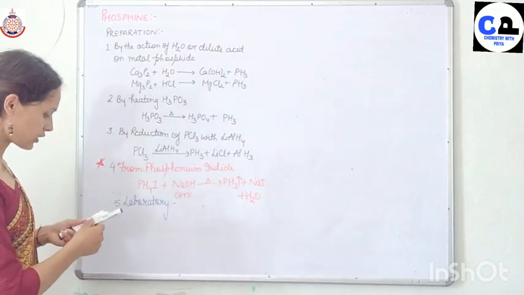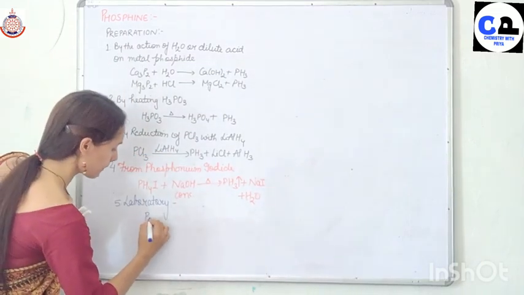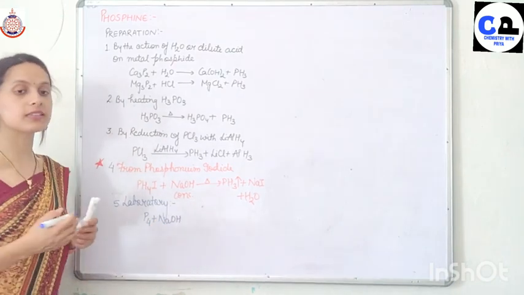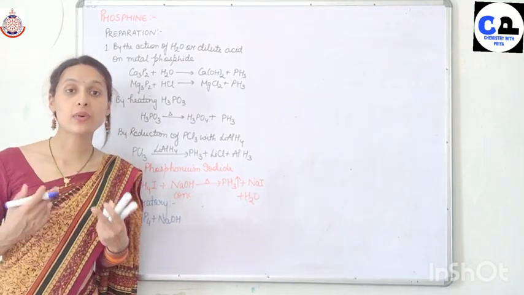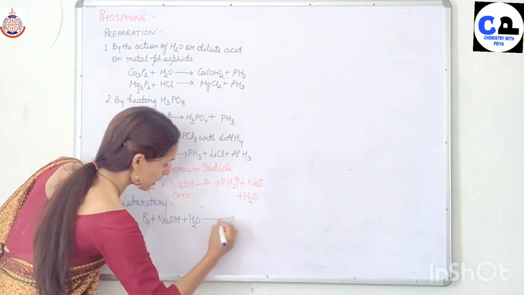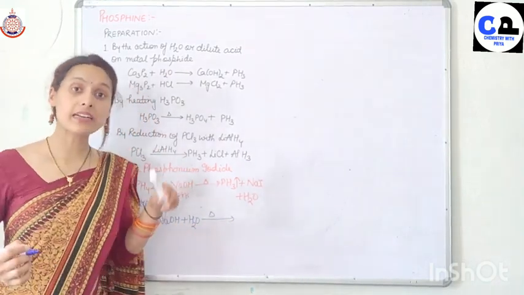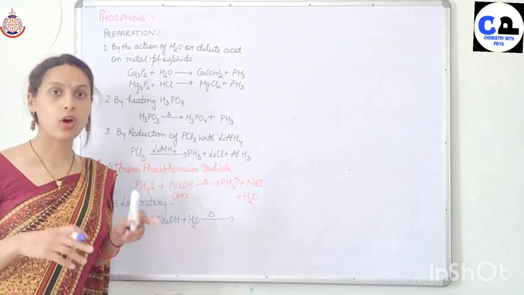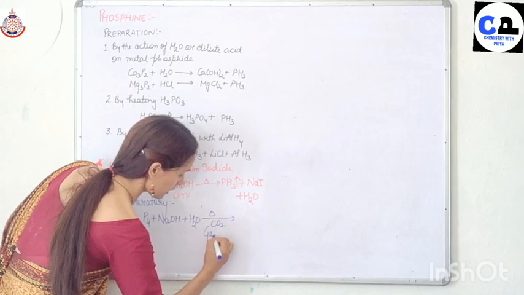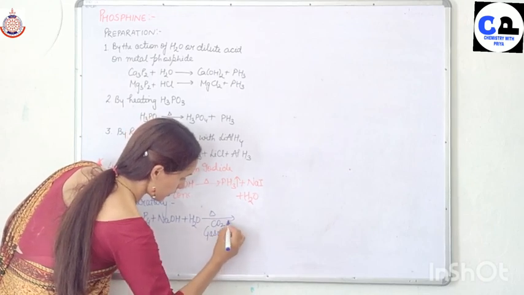So what is the reaction? The reaction becomes P4 plus NaOH. This is the concentrated NaOH solution, so therefore H2O. On heating in an inert atmosphere of CO2 or coal gas, clear?